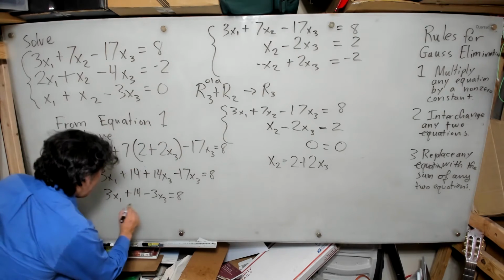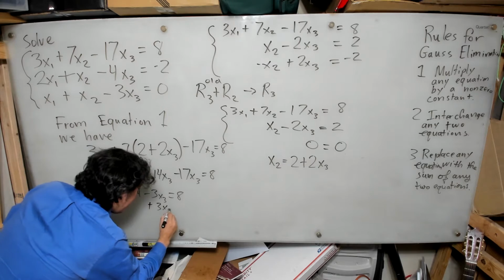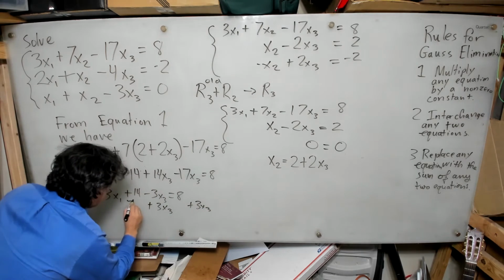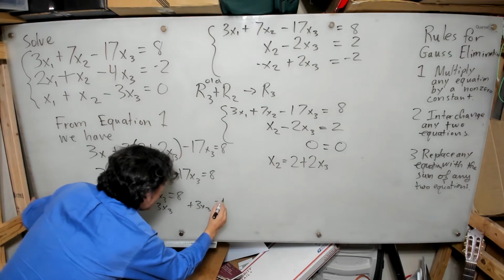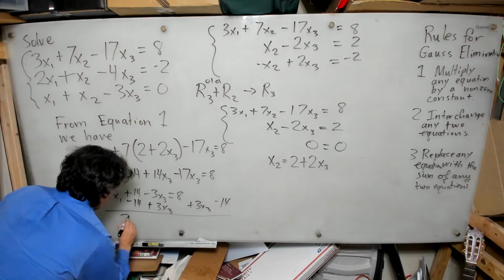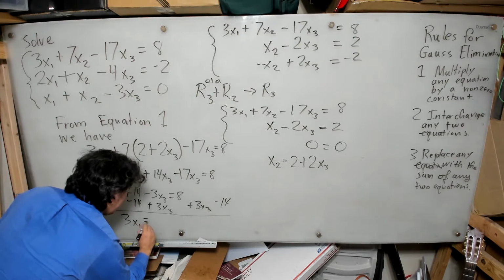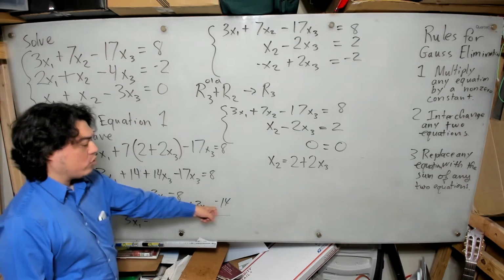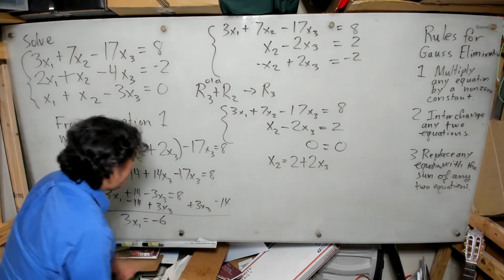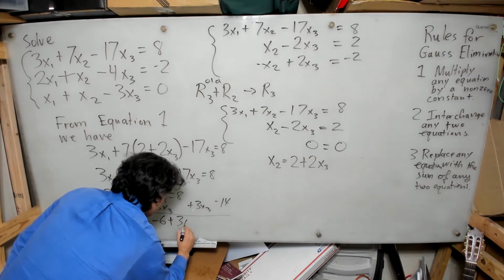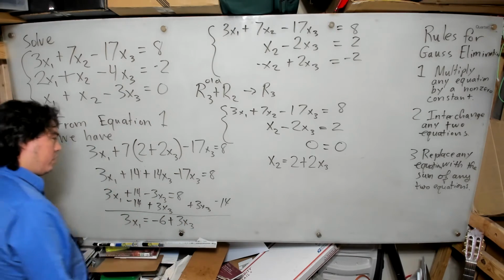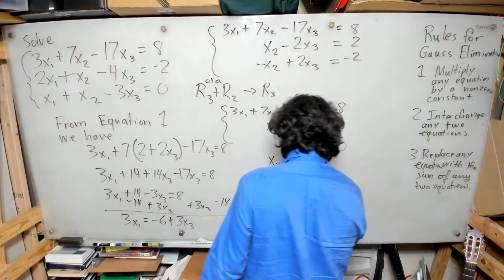Now, I'm going to add the 3x3 to the other side, subtract the 14 to the other side, and I'm going to get 3x1 is going to equal 8 minus 14, that's negative 6, plus 3x3. Okay? And if I divide the whole thing by 3, I can get that x1, actually.